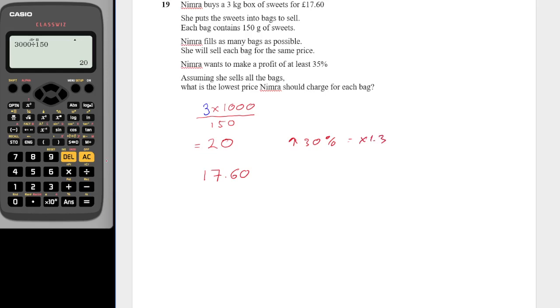So if I do 17.60 times 1.3, that would give me the price that she needs to make, and I divide that by 20 to find out the price that she should sell each bag for. So I'm going to do it as a fraction, so 17.6 times 1.3, and I want to divide that by 20. So that tells me she should sell each bag for 1.14.